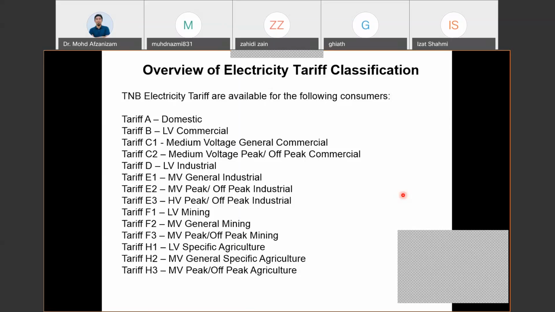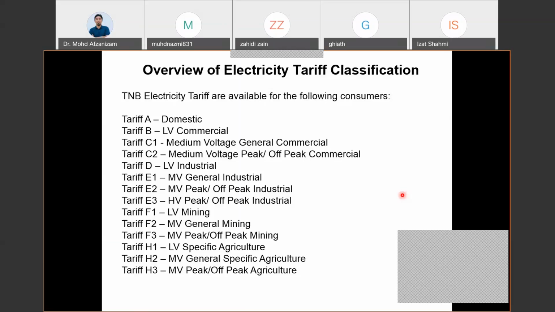TNB refers to the electricity energy provider for Malaysia. I mean for Peninsular Malaysia, sorry, because we have other electricity providers for Sabah and Sarawak as well. For Peninsular Malaysia, we normally use TNB. It is part of the prime resource of energy producers.